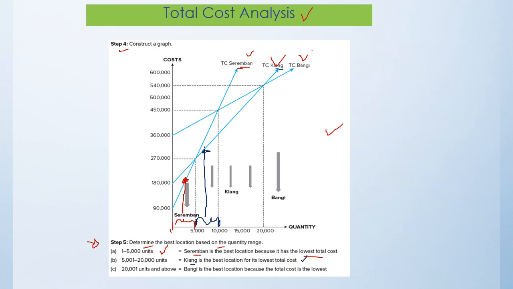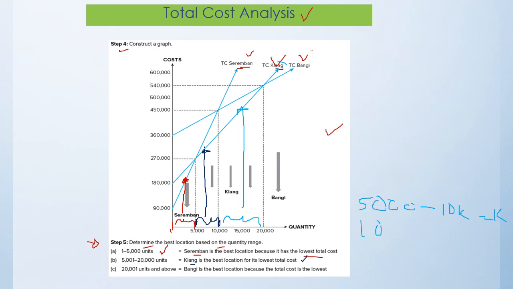If the company increases the production from 10,000 until 20,000, you look at the light blue color. Let's see which line we touch first. We touch the same line over here that belongs to Kelang. So even if the company increases the production from 5,000 to 20,000, Kelang is still the best location. So tadi 5,000 until 10,000, Kelang is the best location.